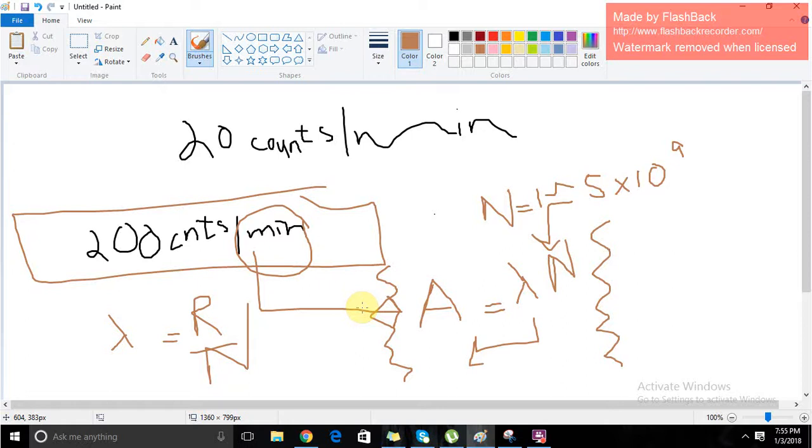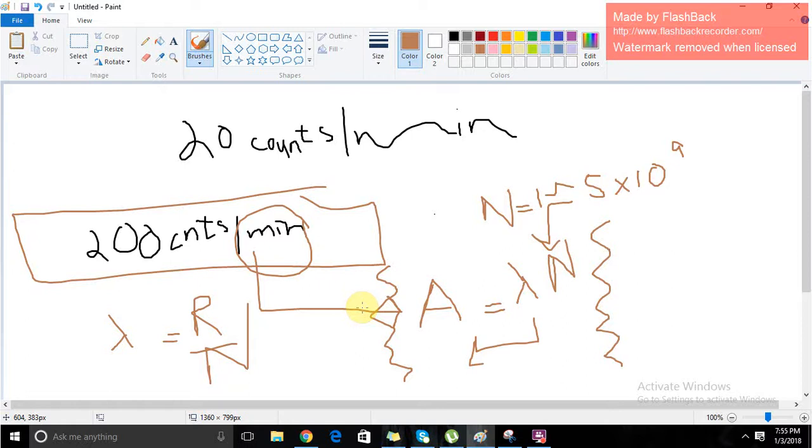Another question: if we have a sample which has 1000 undecayed nuclei and the decay constant is 0.2 per second, we want to know the initial activity. A would be minus delta N, because there's a decrease in it. We simply multiply the decay constant 0.2 with the undecayed nuclei. Now they're asking us to determine the activity after 1 second, and you might make a mistake and say it is the same, but remember, activity follows an exponential decay pattern, because as the number of undecayed nuclei falls, so does the activity, so does the count rate, so does whatever.